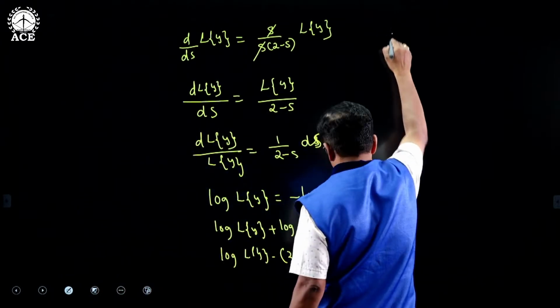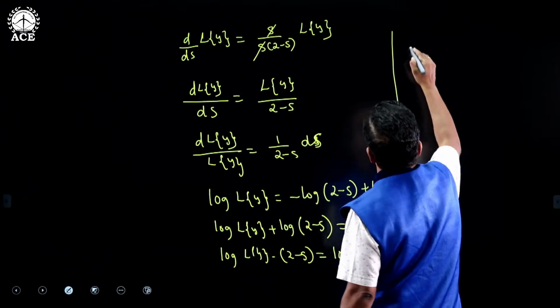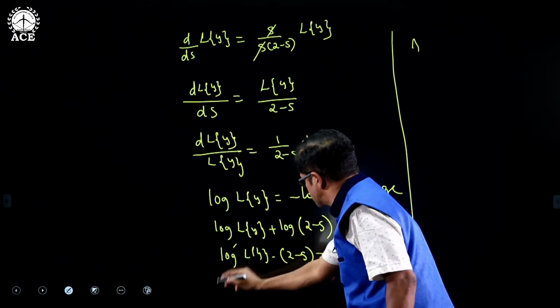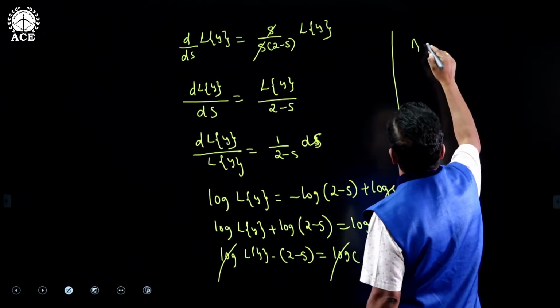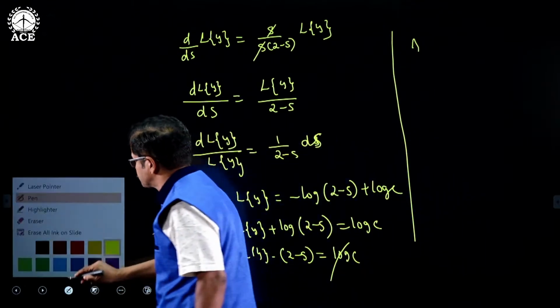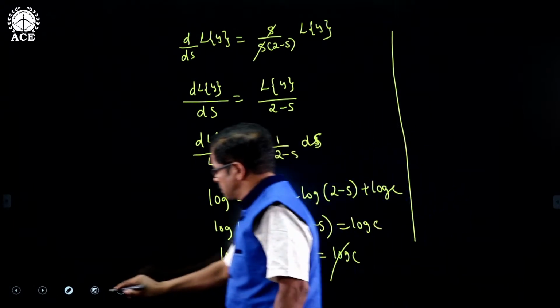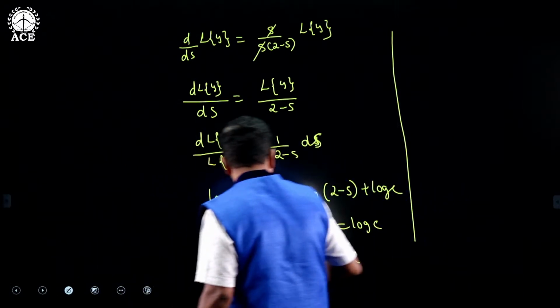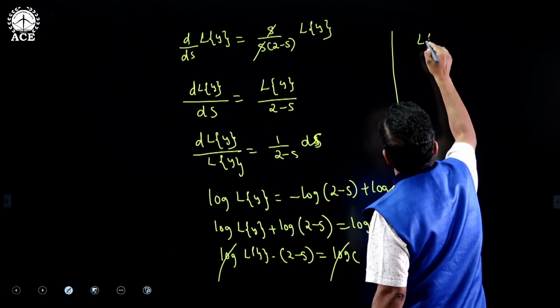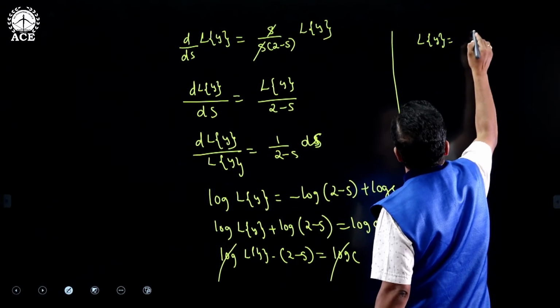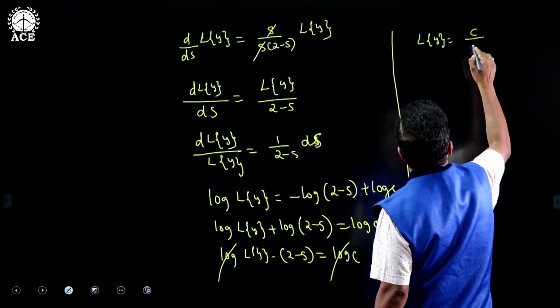So then you just cancel log on both sides. Then L of y equals c by 2 minus s.